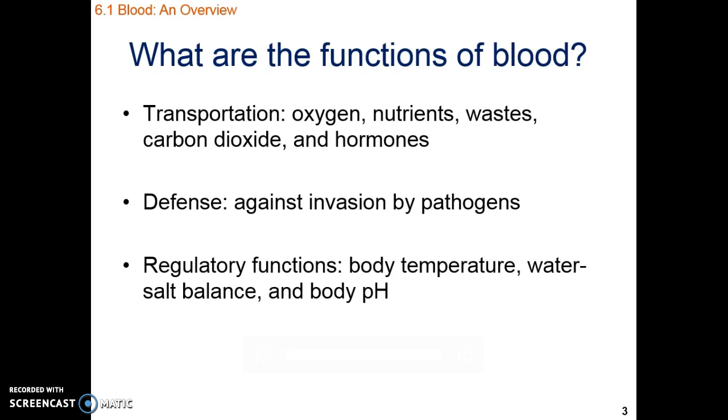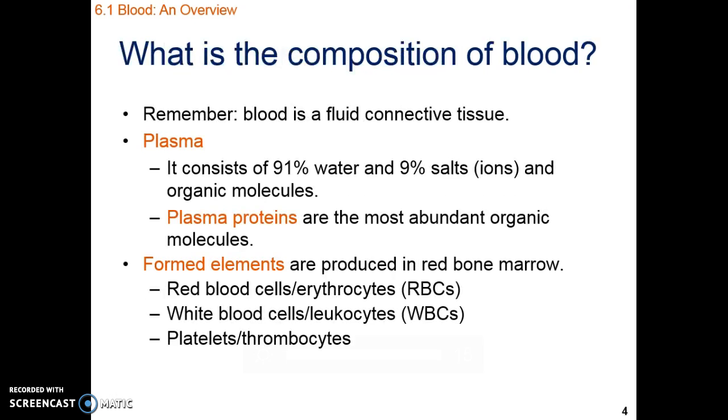All right, then there's regulatory functions in terms of helping to maintain body temperature, helping to maintain the water-salt balance, and then body pH. Body pH in general, but really more so with blood pH.